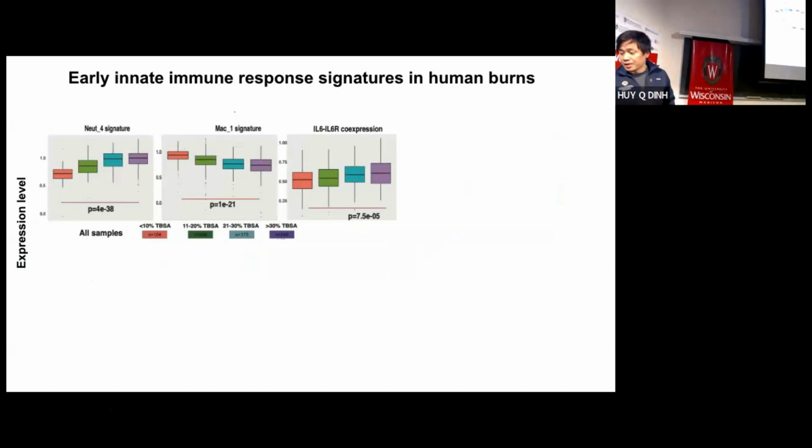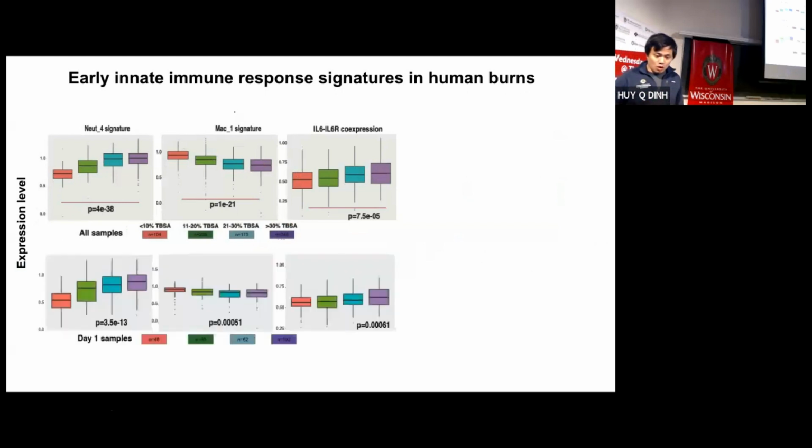That is in all of the samples. When we look at only the blood samples collected on day 1, because we want to predict the early immune response, the chance still holds. The statistical power is a little bit less, but the chance still holds.